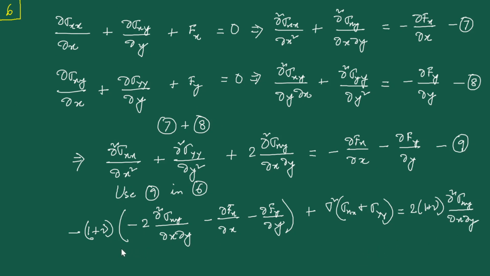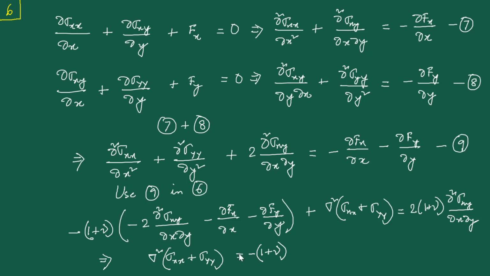Now very nicely you see, if you just consider this first term on the left hand side, this minus and minus is a plus. This is 2 into 1 plus nu del square sigma xy del x del y. On the right hand side also I have the exact same term. So this first term on the left hand side cancels with the first term on the right hand side. If I just simplify this algebraically, what I will obtain is del squared sigma xx plus sigma yy, so the Laplacian operating on that, is equal to, I transpose these two terms to the right hand side, taking care to carry along the 1 plus nu.